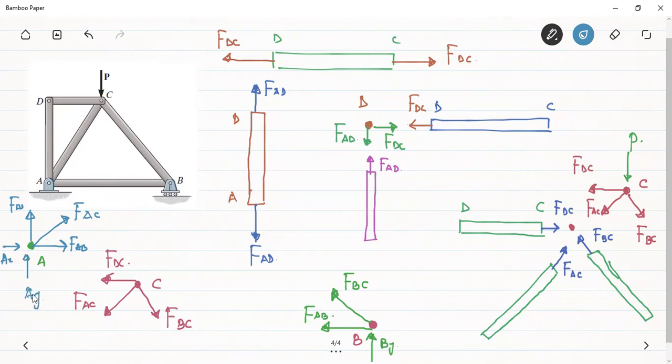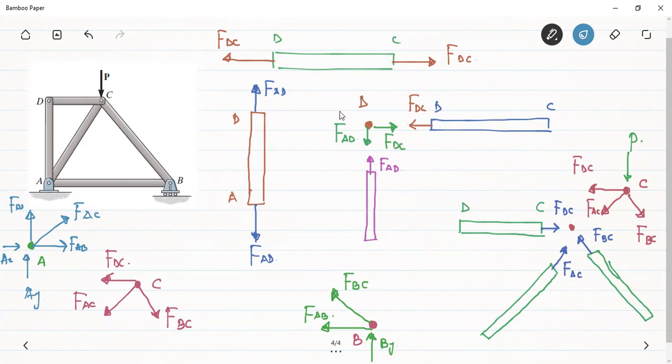Okay, so once we have drawn the free body diagrams of all the joints, we don't need to draw the free body diagrams of all these joints. We have to select the joint where at max two unknowns are there. Initially I could have started with the joint number D because here there will be only two unknowns. See here, this is the joint number D. There are only two unknowns, DC and AD.